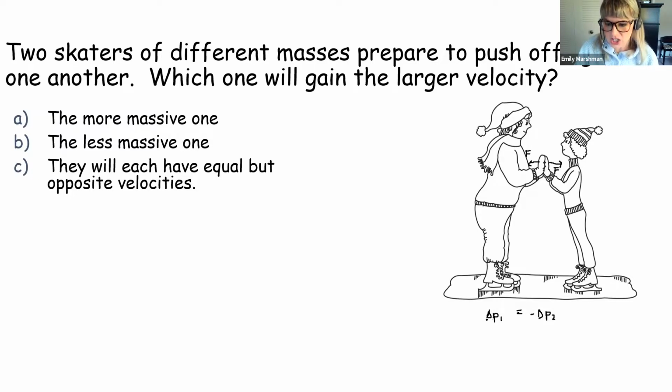So if I look at the change in momentum for player 1, it has a big mass here. I'm not trying to be mean, but bigger mass, right? And the change in momentum is mass times change in velocity, so final velocity minus initial velocity. And we already said the initial velocity was 0, because they're starting from rest.